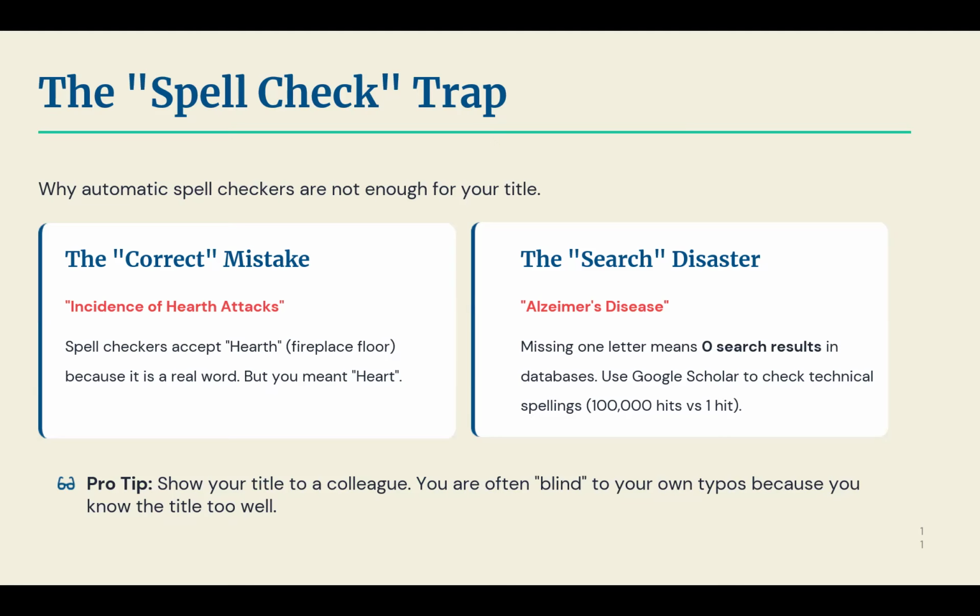The tip is, after writing everything, particularly after you are done with your title, without providing the whole big article to the hands of your colleague, give a snapshot, a snipping tool snapshot of your article title, send it to your colleague and ask for a spell check.